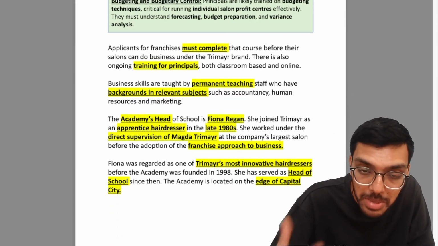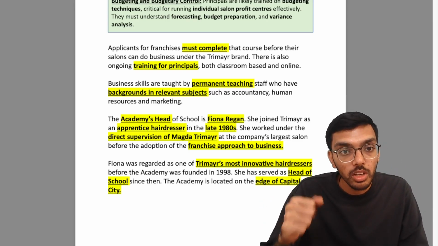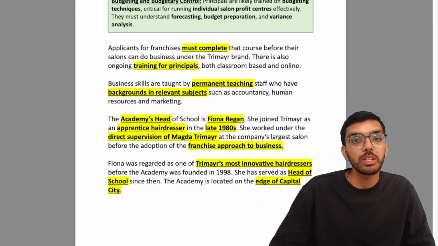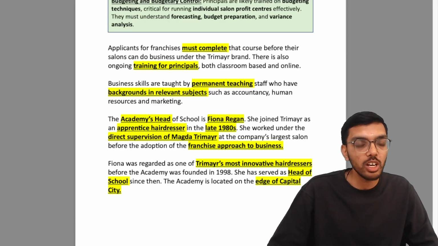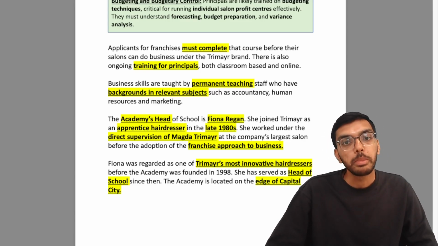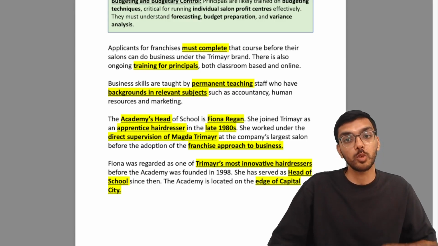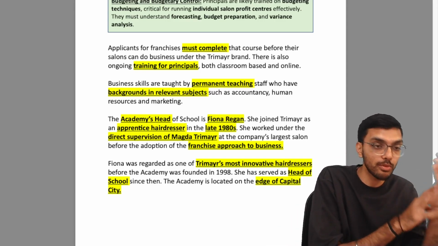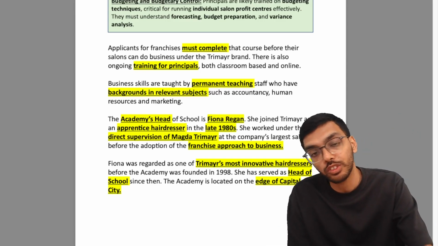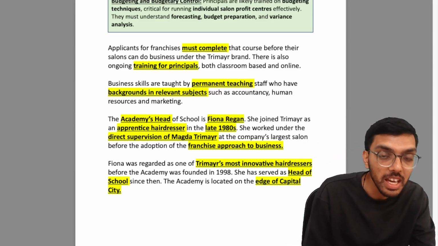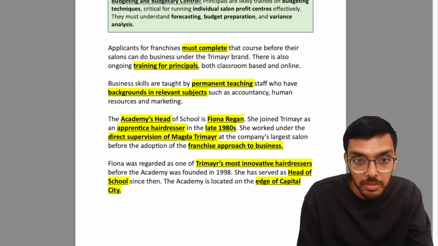So you should have business knowledge as well. There is also ongoing training for principals, both classroom based and online. Business skills are taught by permanent teaching staff who have a background in relevant subjects such as accountancy, HR, and marketing. So we have training courses for hairdressers plus training courses for principals, and we have permanent teaching staff as well.